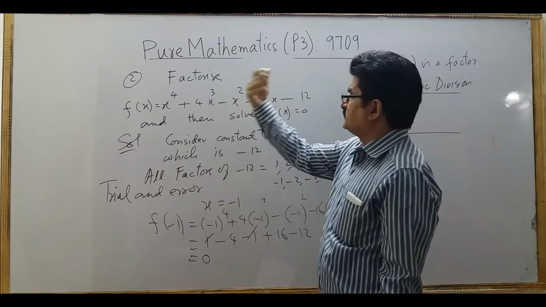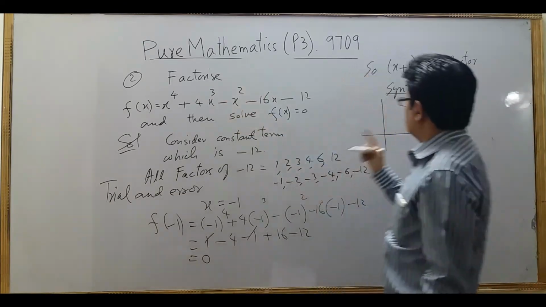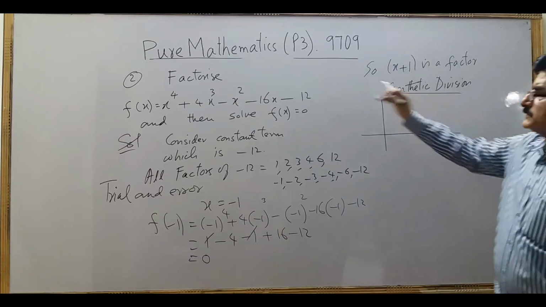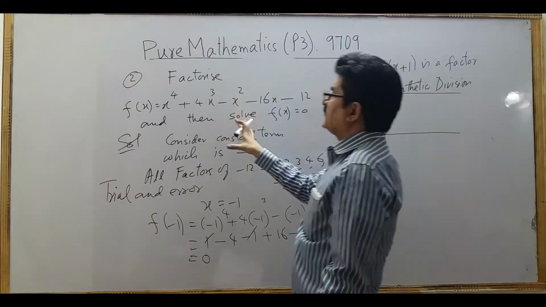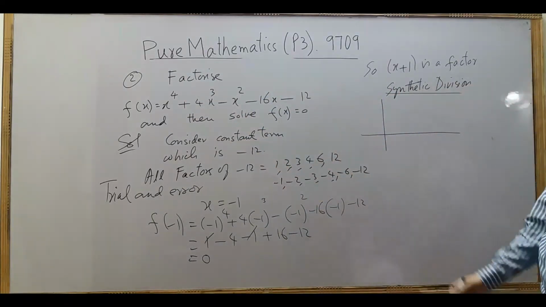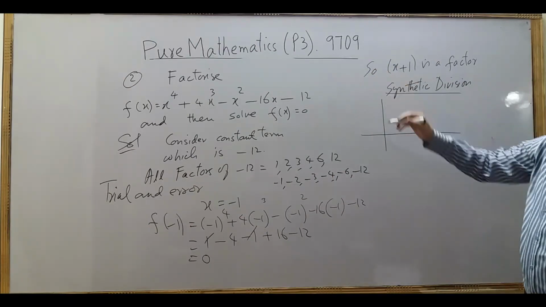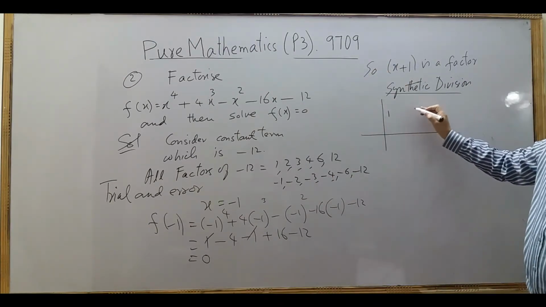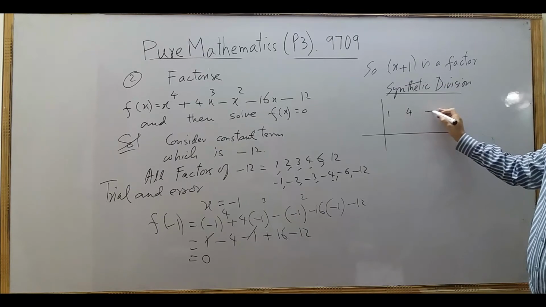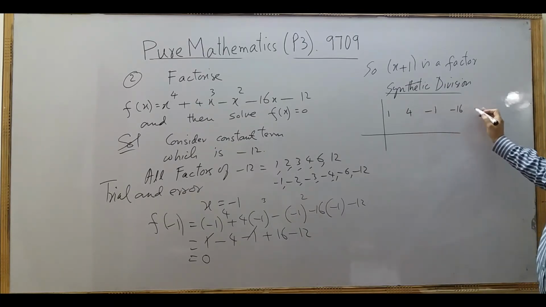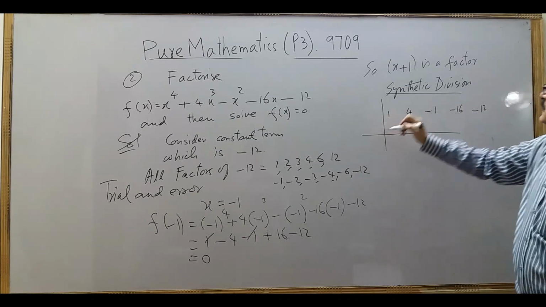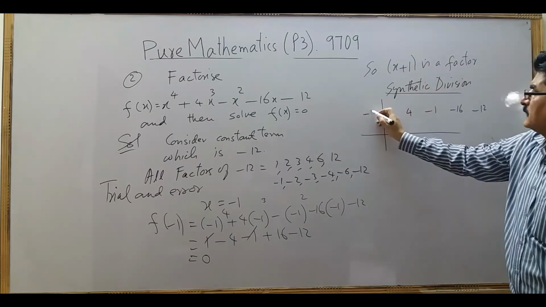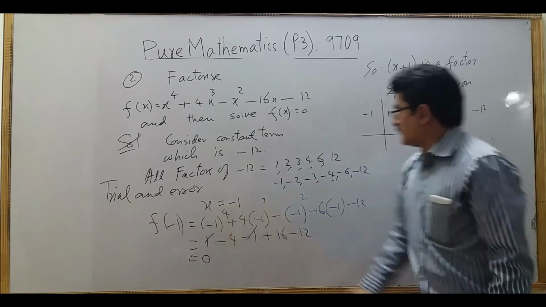If some power is missing, for example if x square is missing, you will take 0. So this polynomial must be in descending order or in standard or general form. The coefficient of x4 is 1, x cube is 4, x square is minus 1, x is minus 16, constant is minus 12. Now you write here the value of x equal to minus 1.